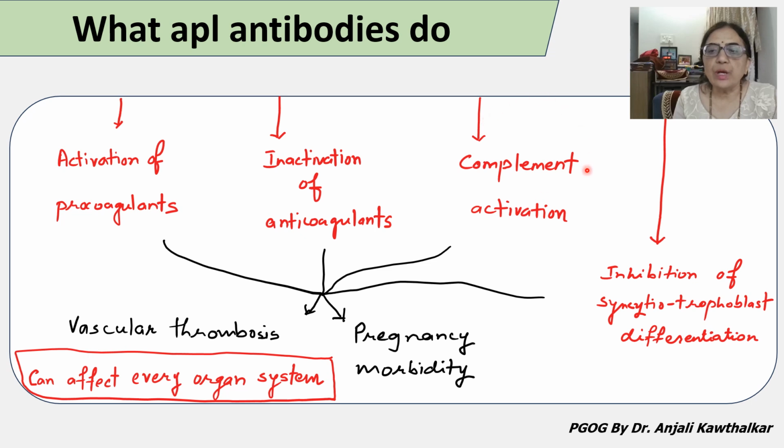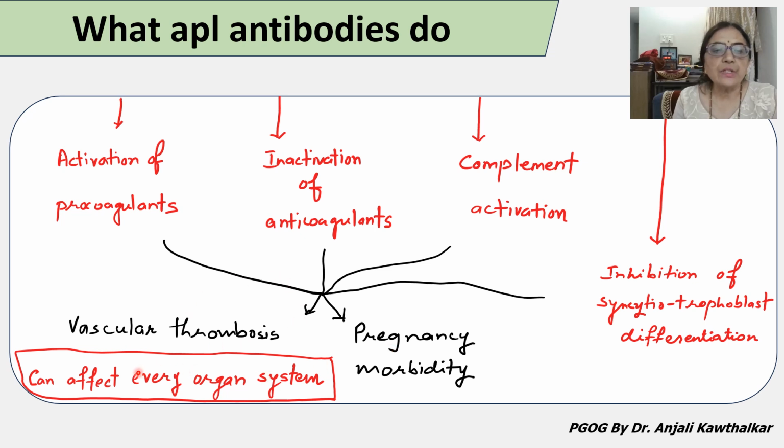These antibodies inhibit syncytiotrophoblastic differentiation. Syncytiotrophoblastic differentiation is inhibited by these autoantibodies, and all these together lead to an increased risk of vascular thrombosis. Either there can be venous thrombosis or arterial thrombosis, and they also increase pregnancy morbidity by increasing the complications during pregnancy.